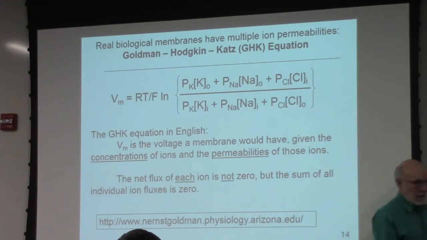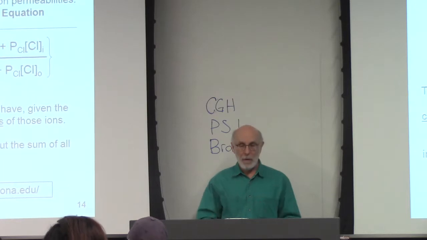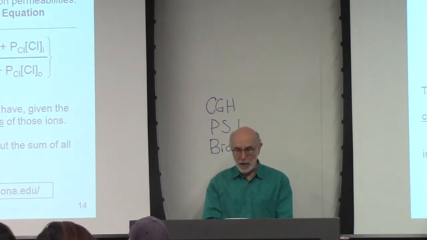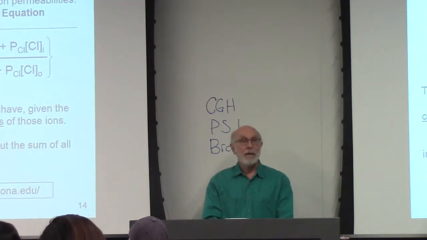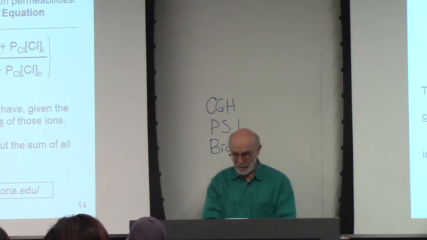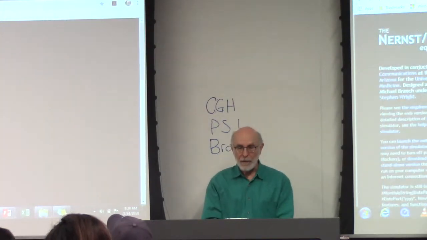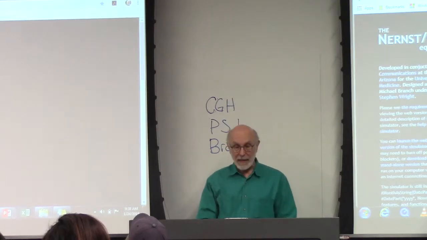So this is the equation you're going to be working with in the homework. Here is the website that you'll be using to load the Goldman-Hodgkin-Katz equation. If you load that equation, you get a site that looks like this.